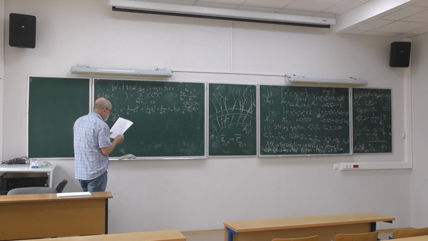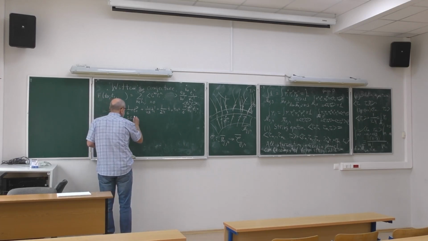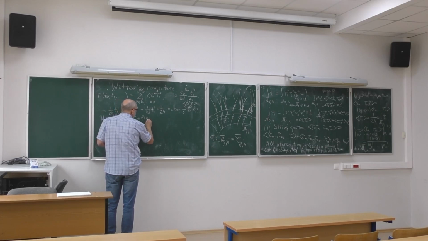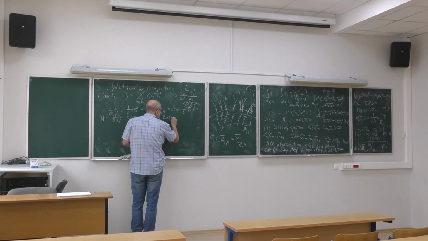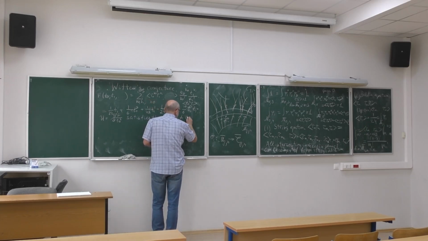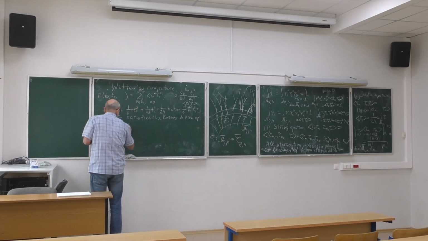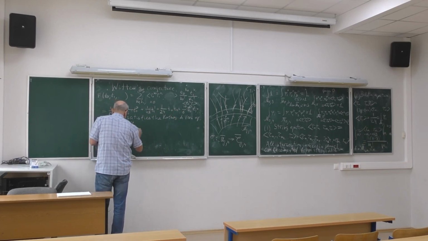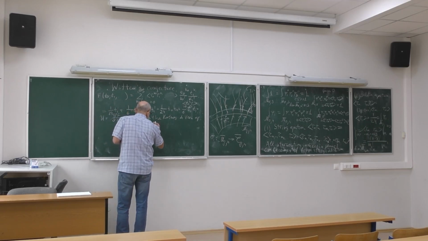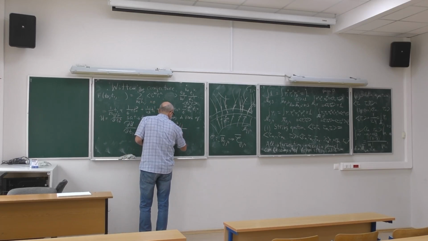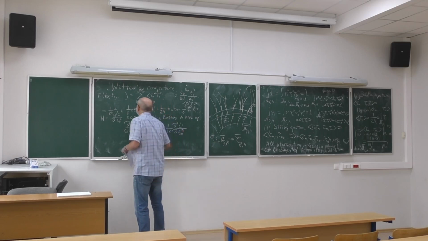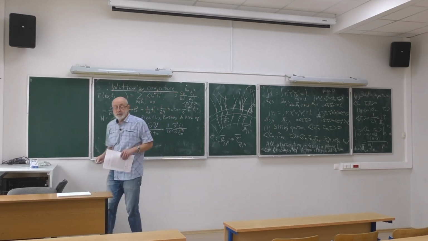And the conjecture asserts that this function satisfies the Korteweg-de Vries equation. du with respect to t1 is u du over dt0 and so on. This is what Witten's conjecture is.